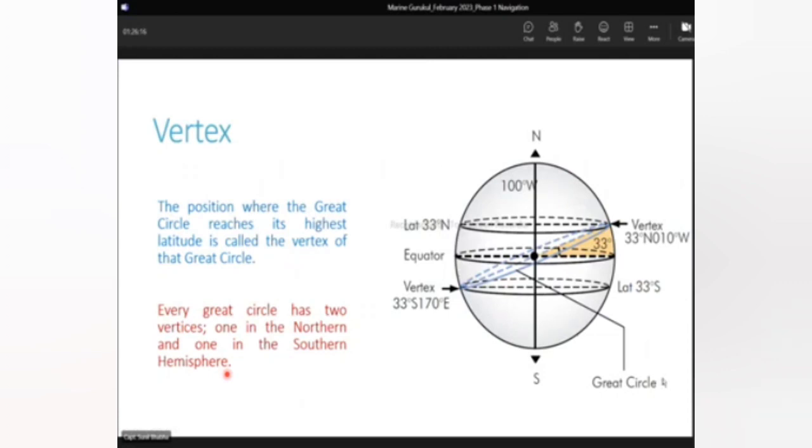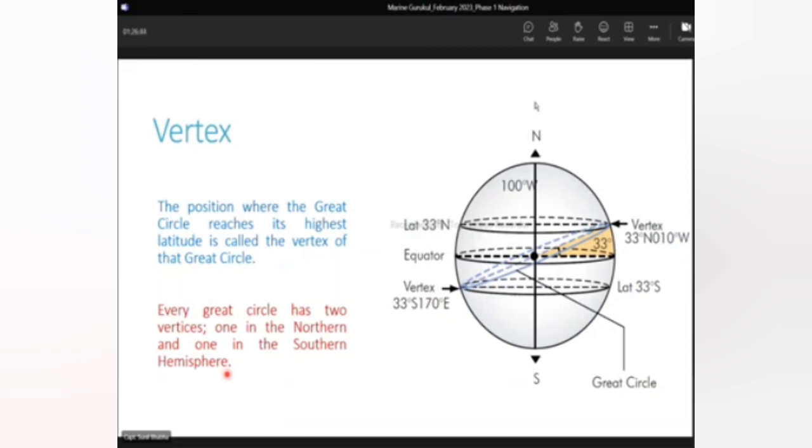So up to here clear, beta? One moment, sir. Can I write, sir, for 30 seconds? Yeah, go ahead, beta. Sir, I was just writing the definition. Okay, please do.